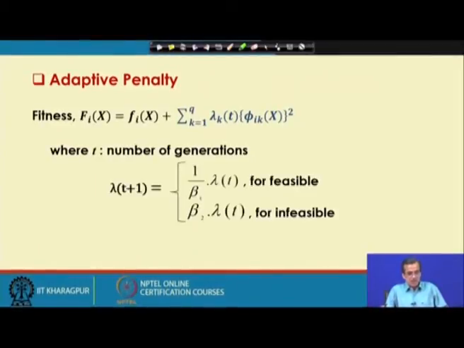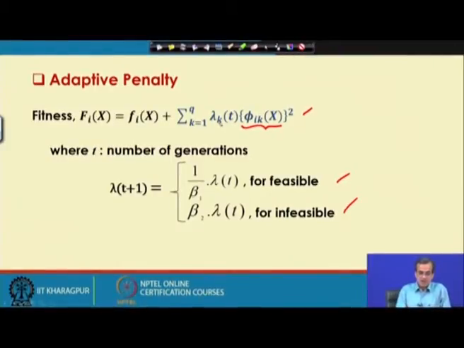Here, what we do is calculate the modified fitness capital Fi of x, that is small fi of x plus summation k equals 1 to q, lambda k t multiplied by phi k of x square. So, this is the amount of violation squared, and this lambda k t we will have to define using these conditions.